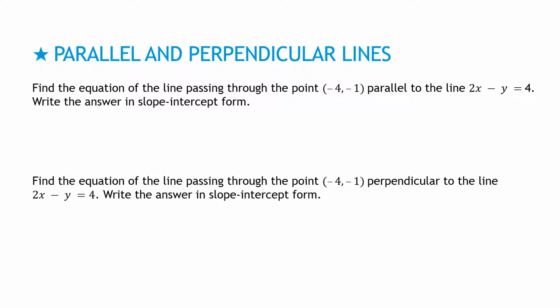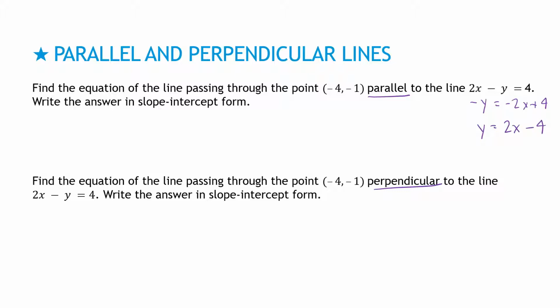The first thing I would do is take a look at the existing equation and find the slope, because as you'll notice, we're trying to do one parallel, one perpendicular to the same line. So I would start by subtracting 2x from each side. That gives me negative 2x plus 4. And then I would divide everything by negative 1 to get positive 2x minus 4.